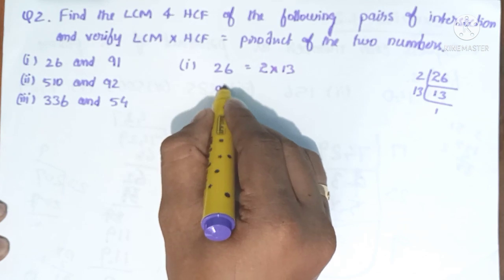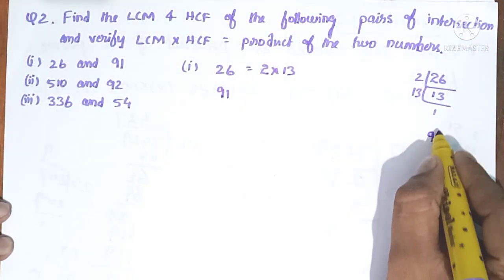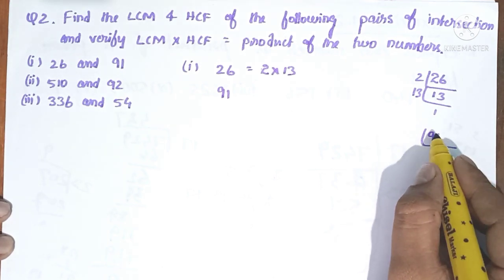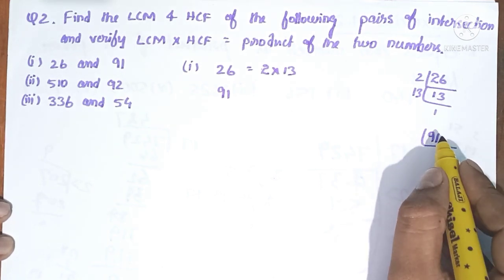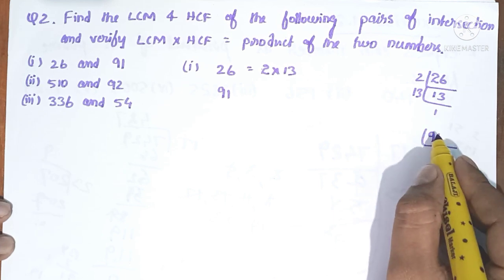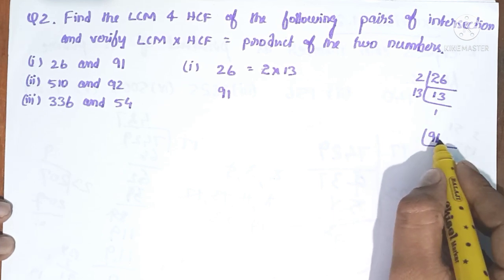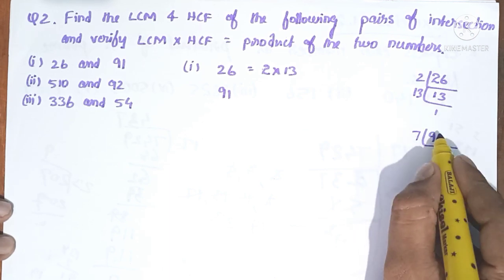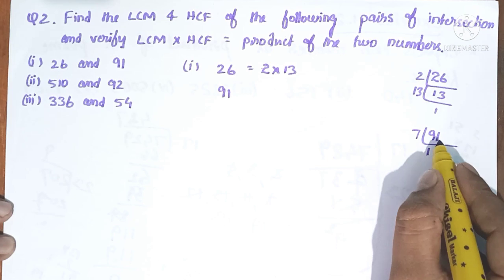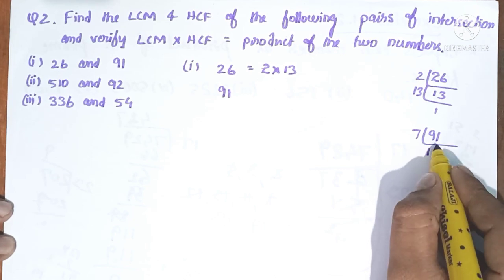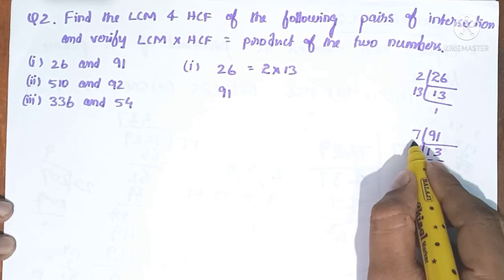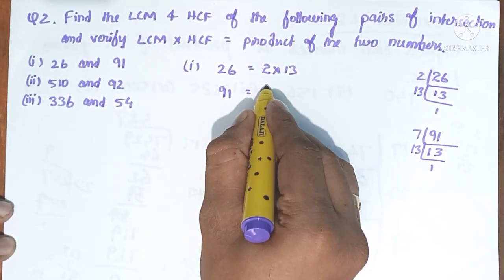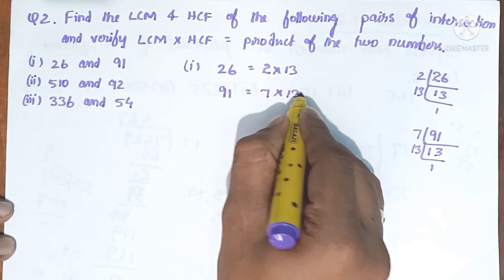How about 91? 91, we have to do the prime factorization. 2 is not possible. 9 plus 1 is 10, 10 is not divisible by 3, so 3 is not possible. 5 is also not possible since it is not ending with 0 or 5. So next one is 7, we will try with 7. 7 into 13 is 91. So we can write 91 as 7 into 13.